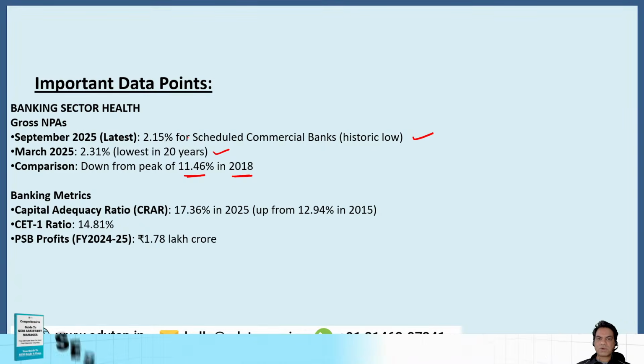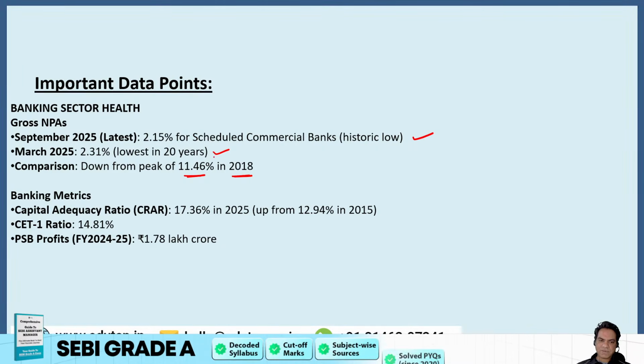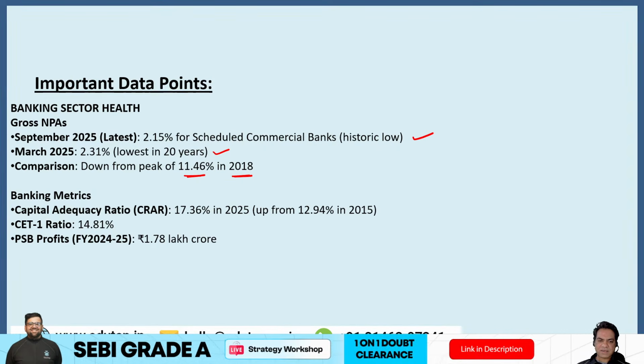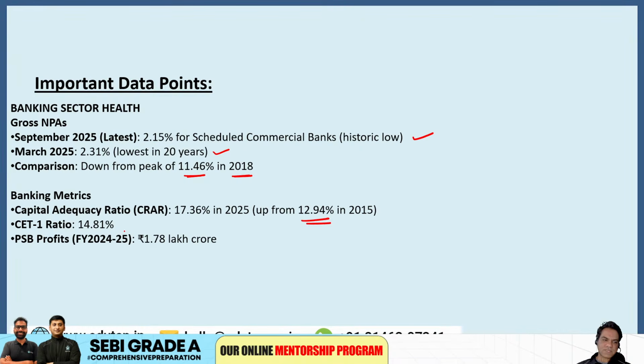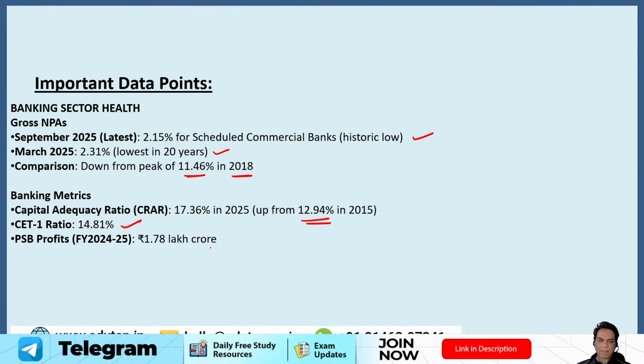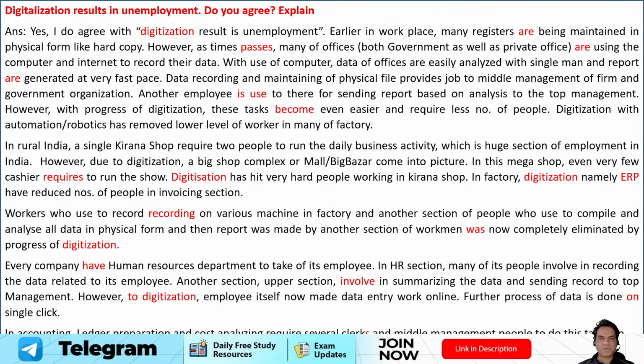If you're talking about the health of the banking sector, it is very good in the country. Now about banking metrics, capital adequacy ratio CRAR 17.36% in 2025, up from 12.94% in 2015. CET 1 ratio 14.81%, and PSB, public sector bank profits 1.778 lakh crore rupees. So guys, such important data points are going to help you in your exam.